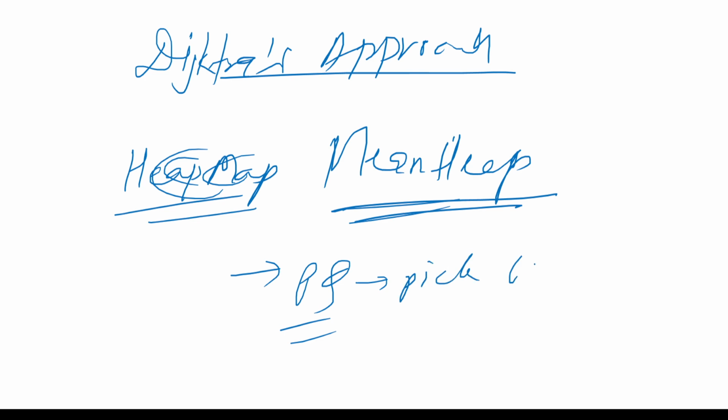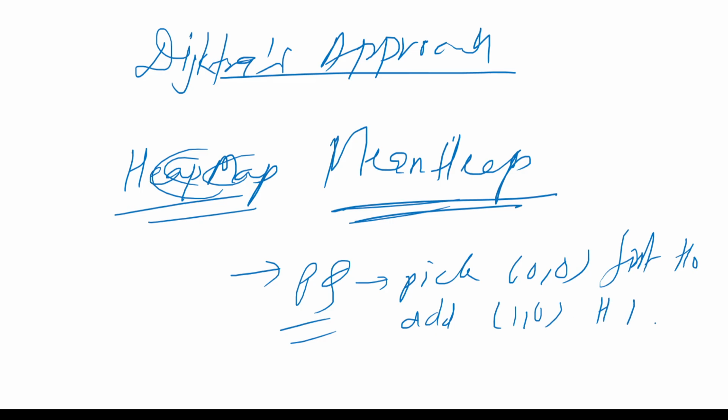We'll pick the 0, 0 cell, and the first height is nothing but h equal to 0. Height is 0. Then we will add here 1, 0 where height is 1, and 0, 1 where height is 2, right?